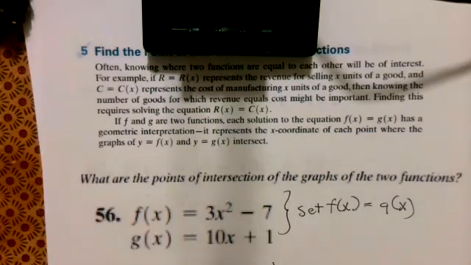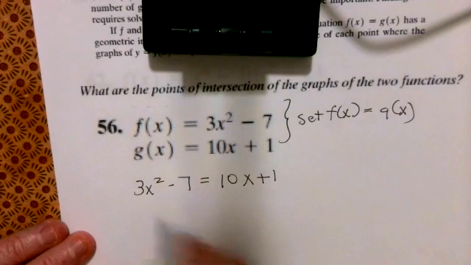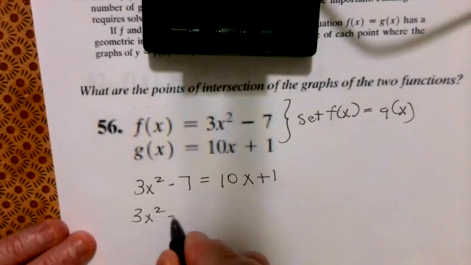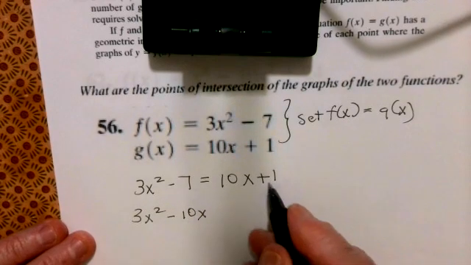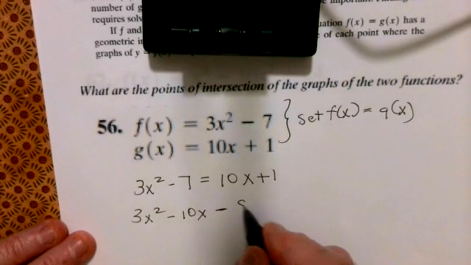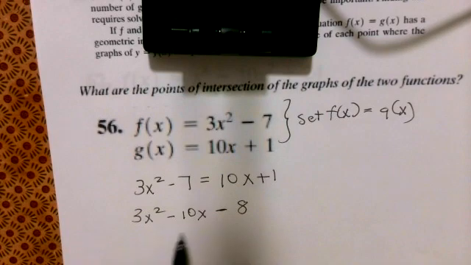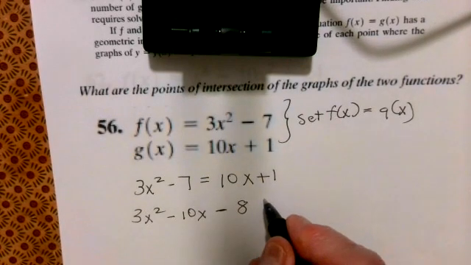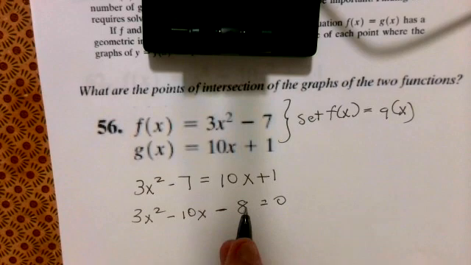Then I'm going to set it equal to 0 and solve. So I'm going to subtract 10x from both sides, and subtract 1 from both sides. So this is the equation that I have, set equal to 0 now.